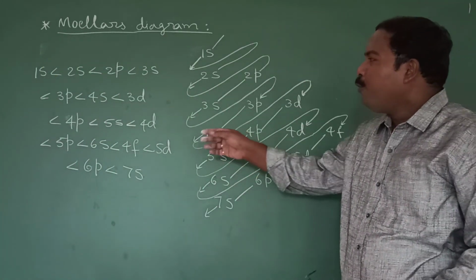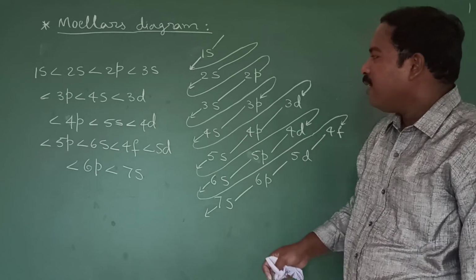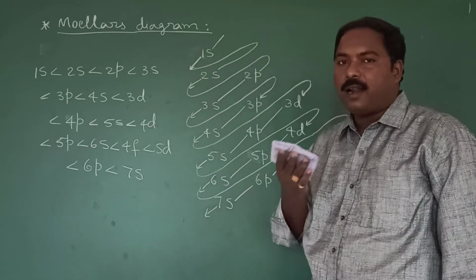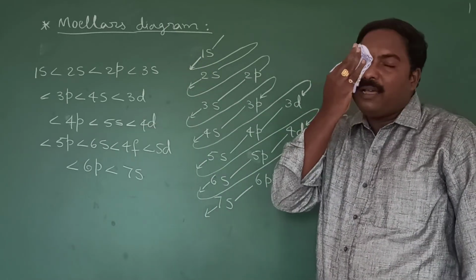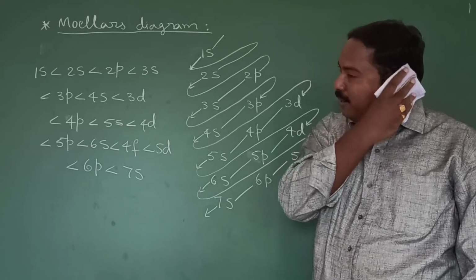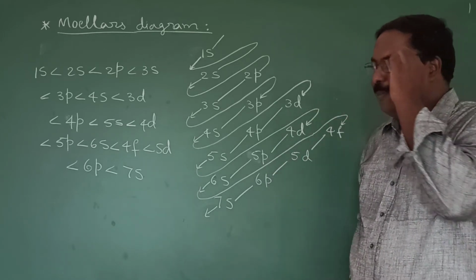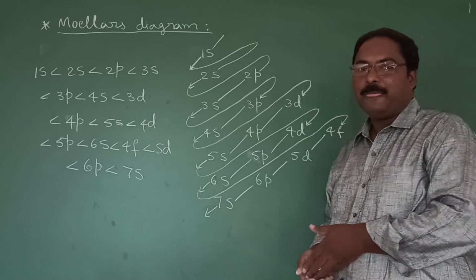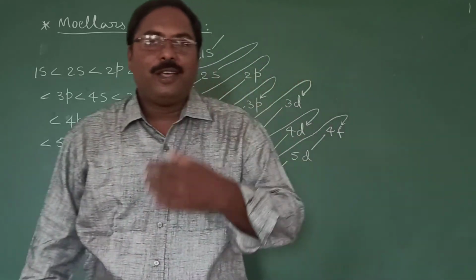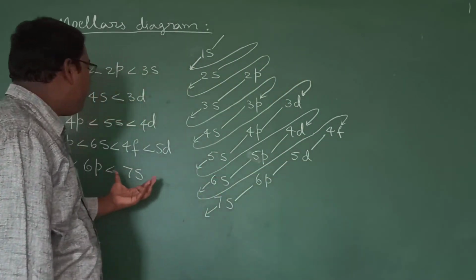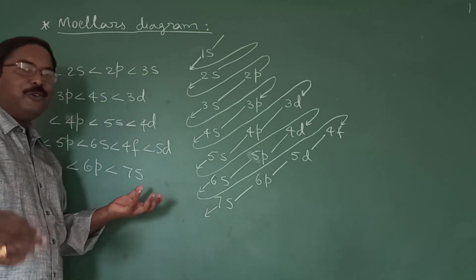This is only up to a few orbitals that we gave. Can you remember all this order? I think as a normal human being, it will be difficult to remember all this. If you are a brilliant person and capable of learning all this by heart, that is your wish.